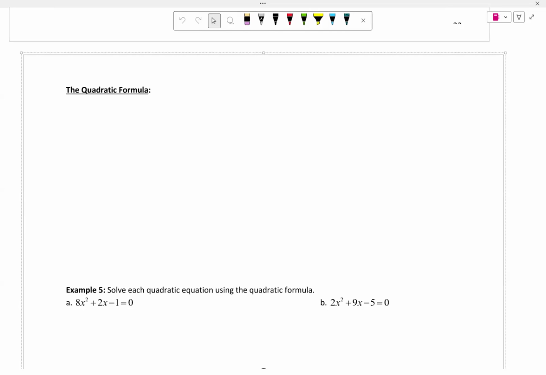Negative b, plus or minus the square root of b squared minus 4ac, all over 2a. Right? It's perfect. It's pop goes the weasel.